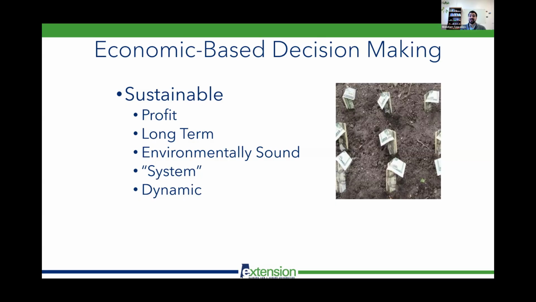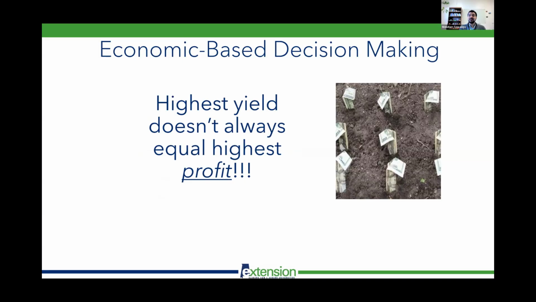That's the answer to everything. And a lot of things just change. Prices change all the time. The tools available to us change all the time. And so being able to take into account new things we have at our disposal will really help us as managers.